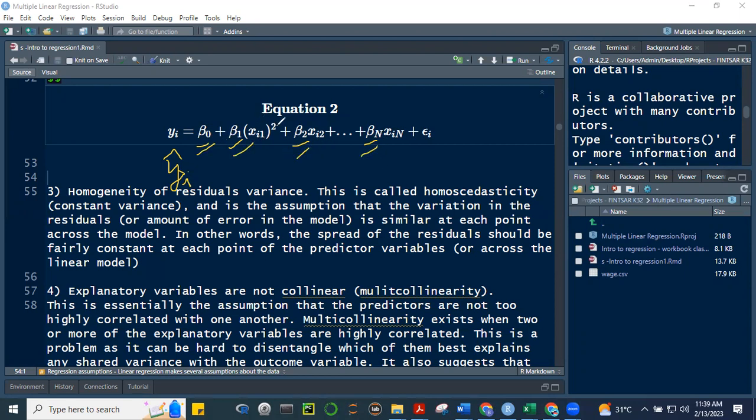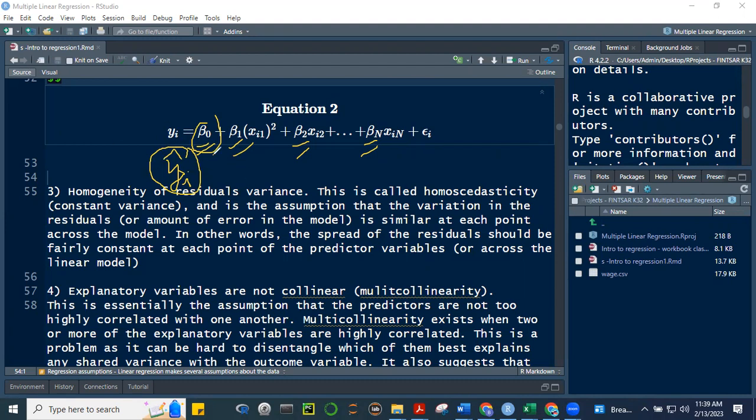Since we know the x's, the predictors, we are able to come up with the predicted value. Let me repeat that. Once you know the parameters beta null, beta 1, etc., we can substitute that in the model, and then we have what we call the predicted value.